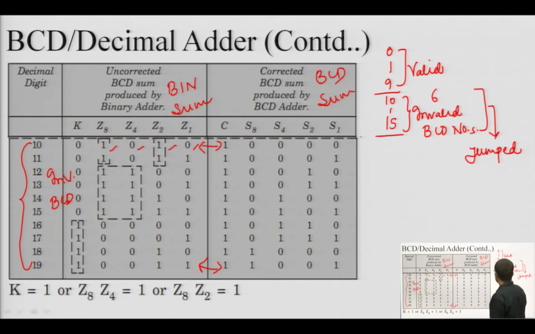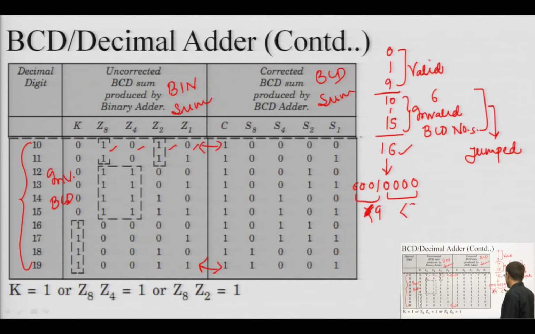After this I will reach 16, and this 16 binary representation will be 1 0 0 0 0. Now, I can see that this 4-bit group and this 4-bit group are each less than or equal to 9.